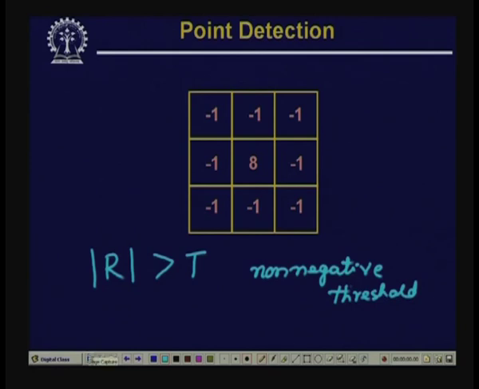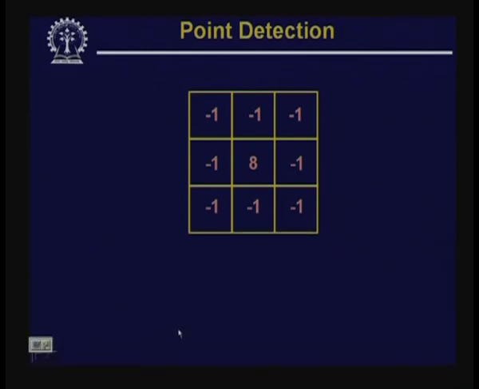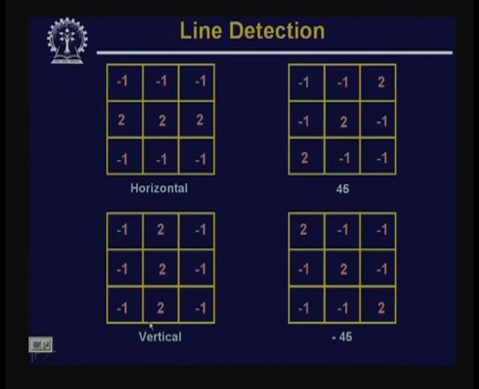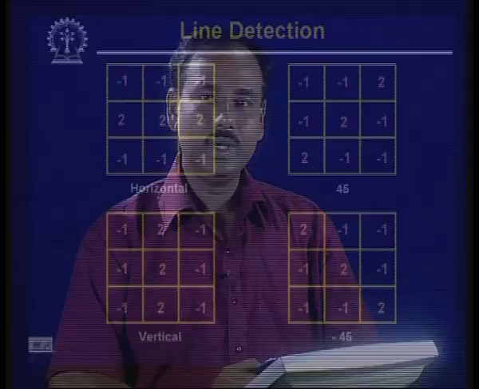Similarly, for detection of lines, the mask can be something like this. Here, for detection of horizontal lines, you find that we have used a mask where the middle row has all values equal to 1 and the top row and the bottom row have all coefficient values equal to -1. By moving this mask over the entire image, it detects all those points which lie on a horizontal line.